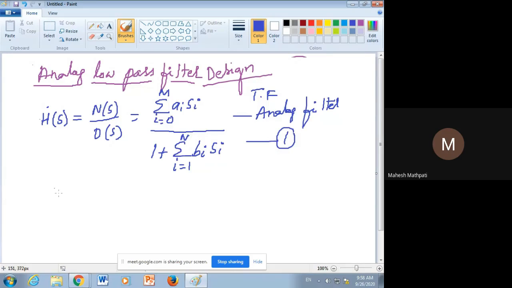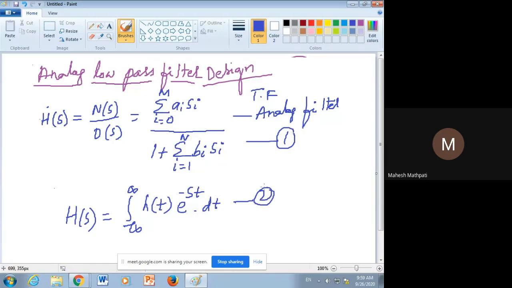That is, H of s equals the integral from minus infinity to infinity of h of t into e power minus st dt. Let us call it equation 2.